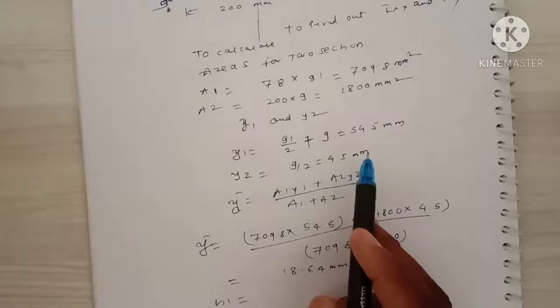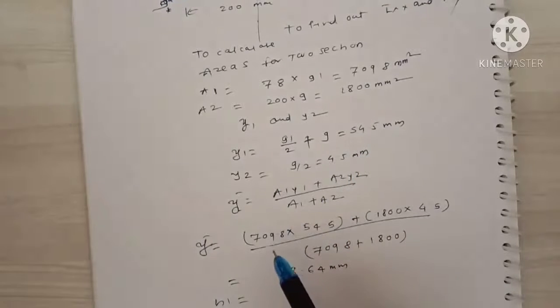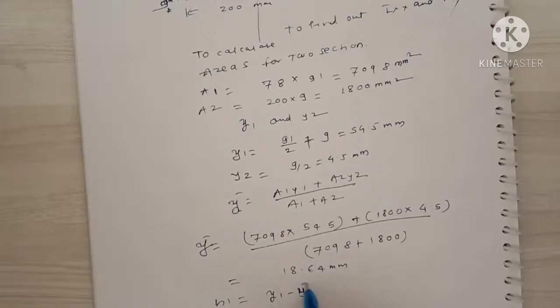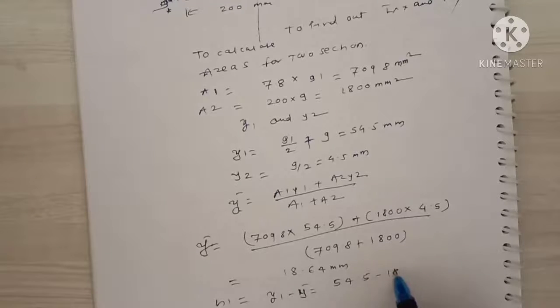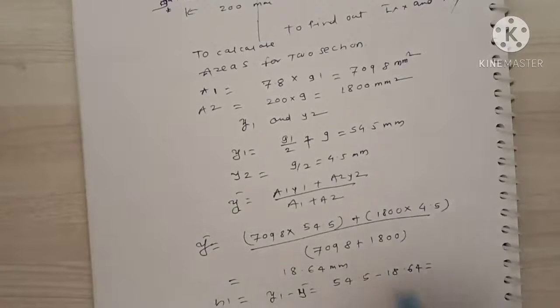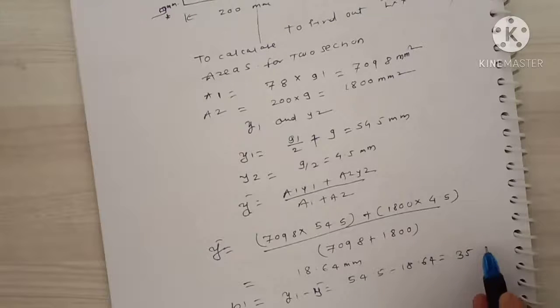Okay, once we calculate the value of y bar, then we calculate h1 and h2. Y1 is 54.5 mm and y bar is 18.64 mm. Which one is greater? Y1 is greater. Y1 minus y bar is equal to 54.5 minus 18.64, and we get the final value 35.86 mm.